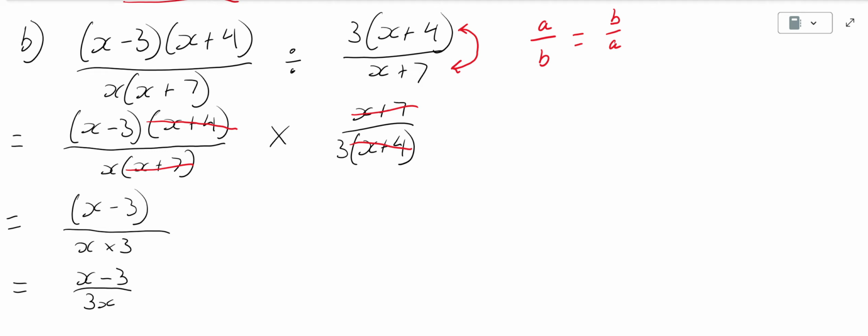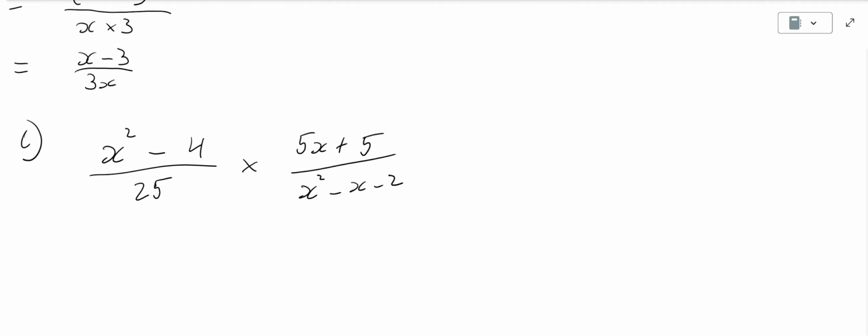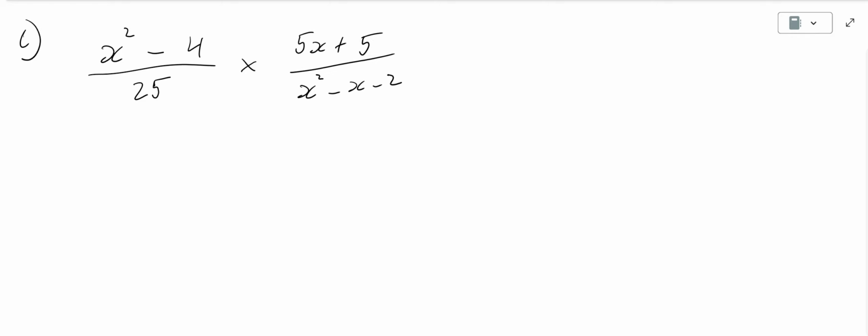Moving on to question C. Here we have (x² - 4) over 25 times (5x + 5) over (x² - x - 2). The first thing you'll notice is that there are no brackets in these two fractions. And you might also notice that now we have a trinomial as our denominator.